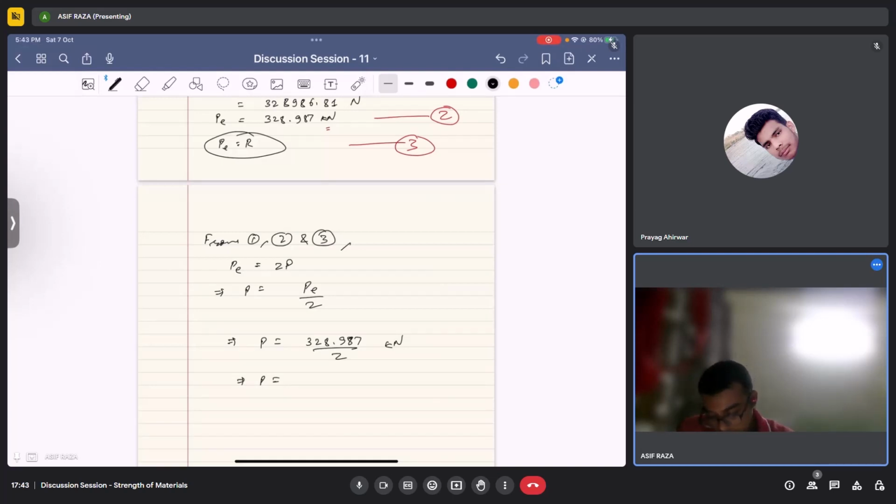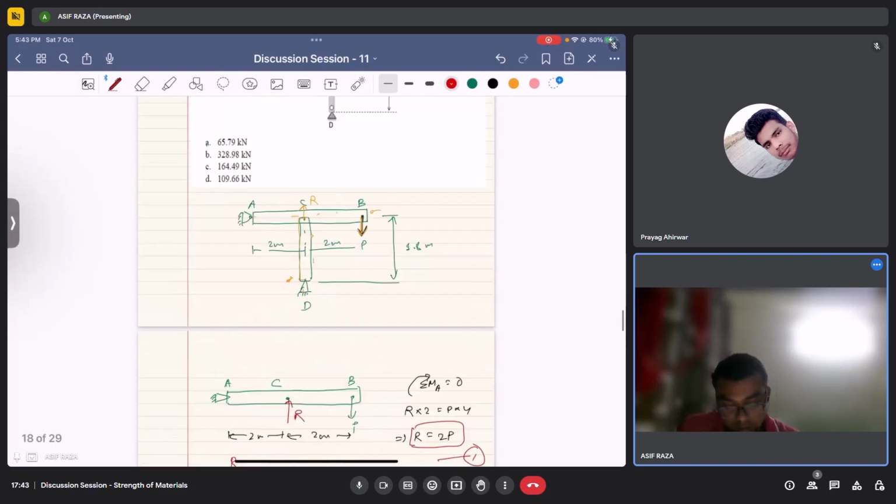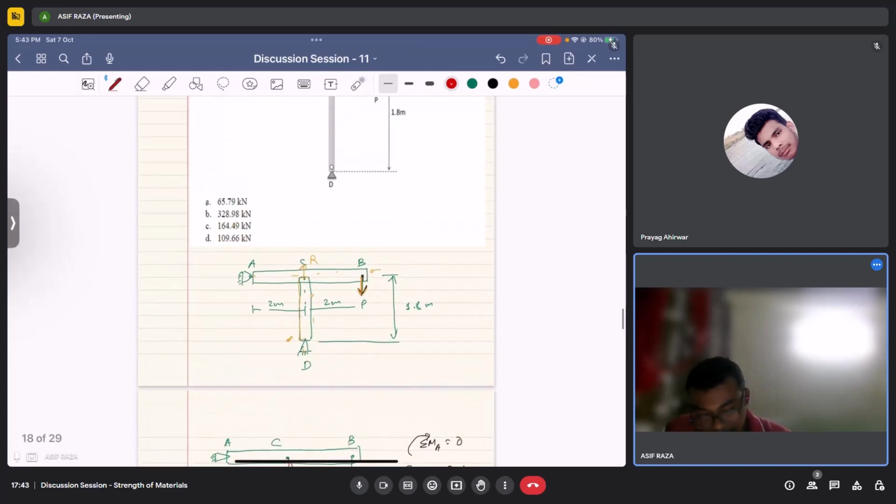This comes around 164.49. Roughly P can be written as 164.5 kilonewton. The answer would be option C.